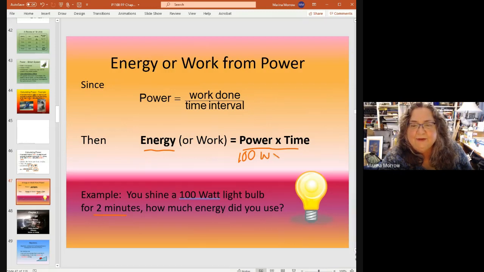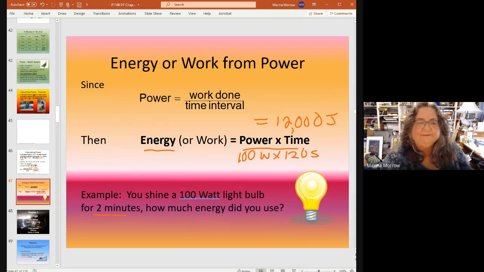The time, of course, you want to do in seconds usually. So 2 minutes is 120 seconds. Put those together, and you would get 12,000 joules of energy.